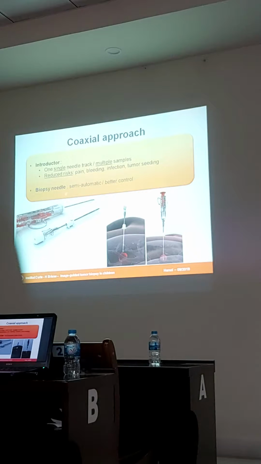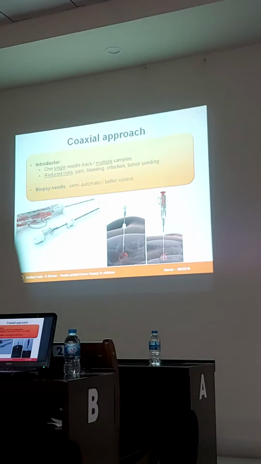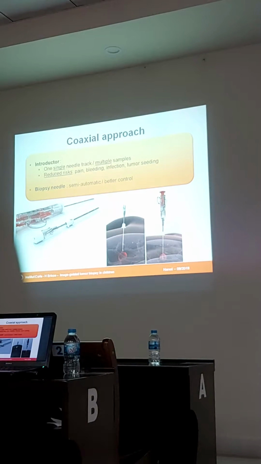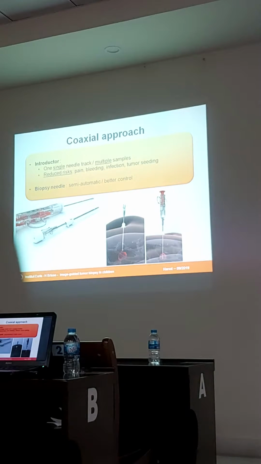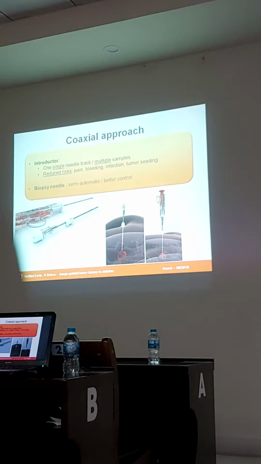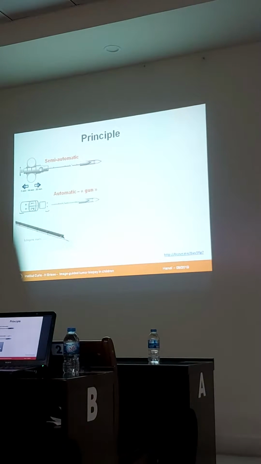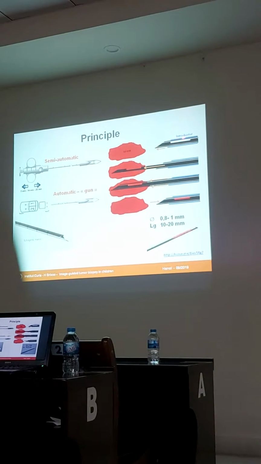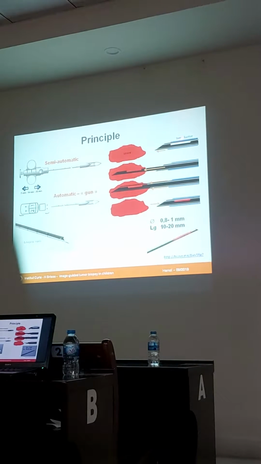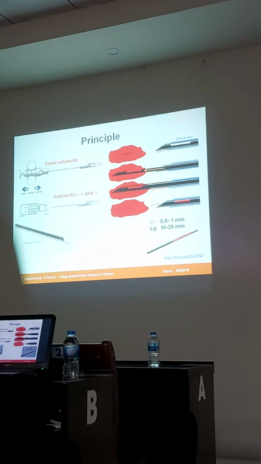We have semi-automatic needles or completely automatic needles. We frequently use the semi-automatic one because you have better control of the exact location of the distal part of the needle. The principle, for the youngest of you who don't know this method, is a very classical one. You have here in blue the introducer, which is located just in front of the lesion, and within the introducer you put the biopsy needle.